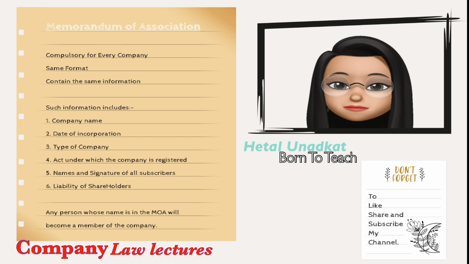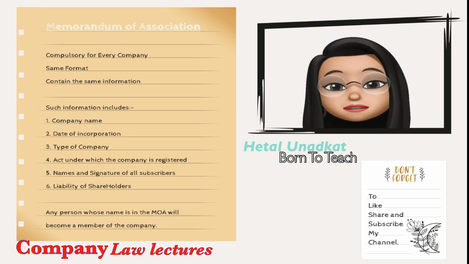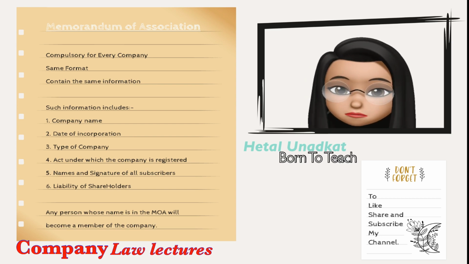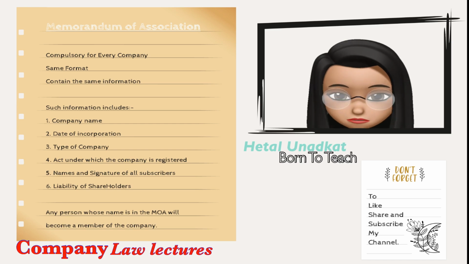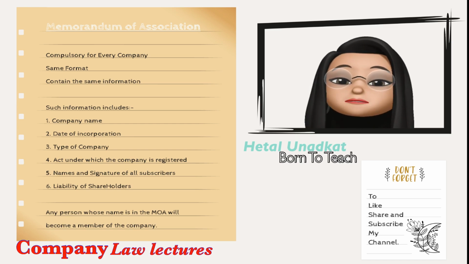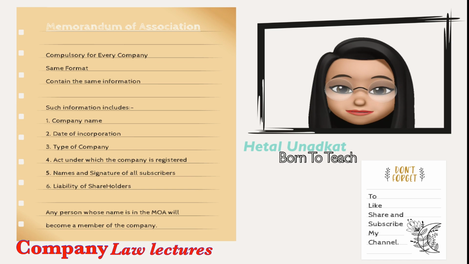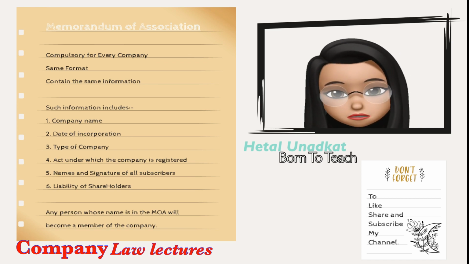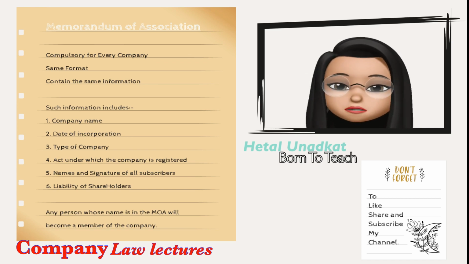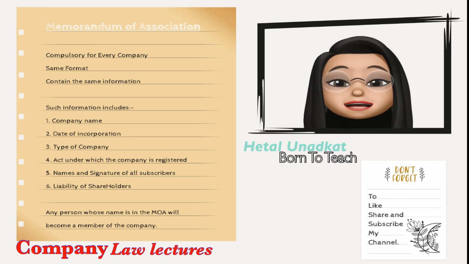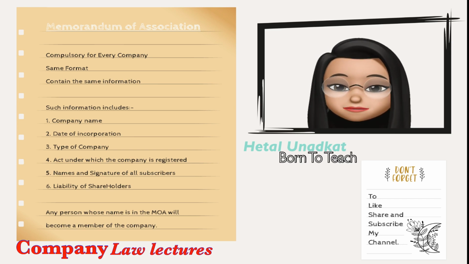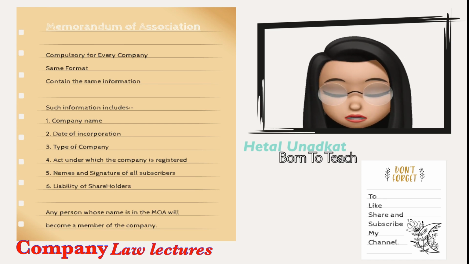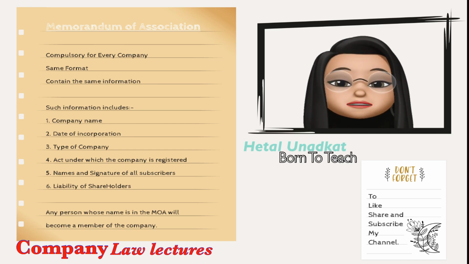The last topic is about the liability of shareholders. The liability of a shareholder is up to the unpaid amount of the shares held by that person. So you need to specify the type of liability for your shareholders: limited by shares, limited by guarantee, or unlimited liability.